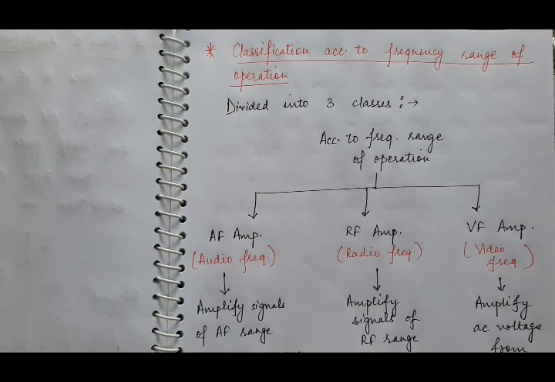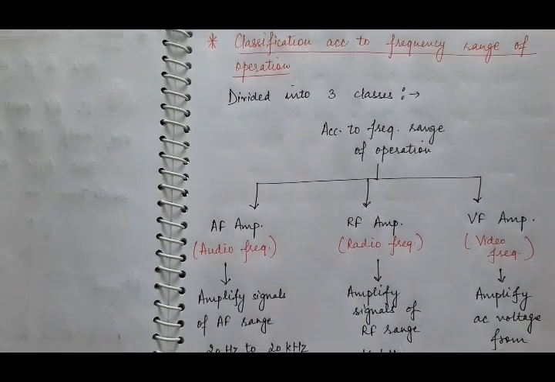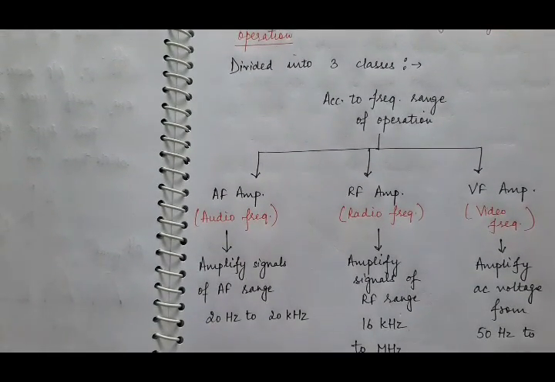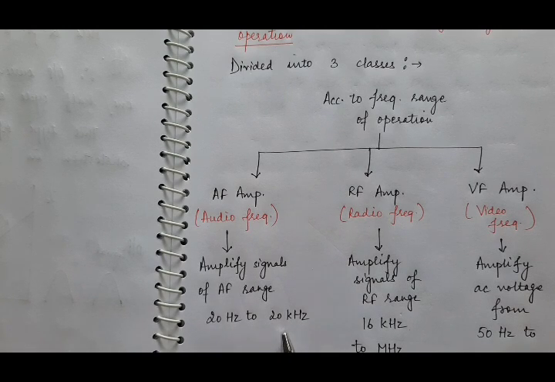So audio frequency amplifiers are used to amplify the signals having frequency range from 20 Hz to 20 kHz. 20 kHz means 20,000 Hz.